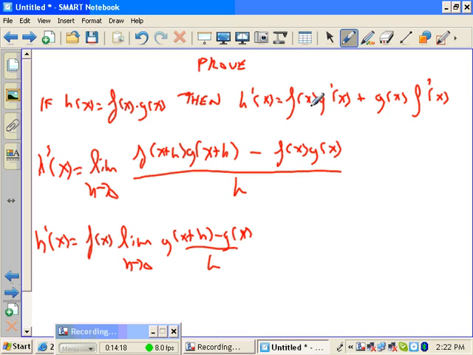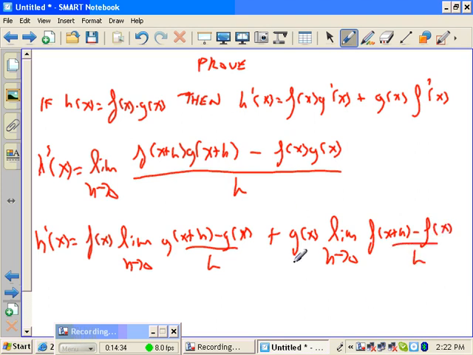Okay, so that's this times this plus g of x times f prime, which is the limit as h goes to 0 of f of x plus h minus f of x all over h. All right, now does this look at all like this? This is what I'm getting when I use this. This is what I'm getting when I use this. Can I make them the same? Are they in fact the same?